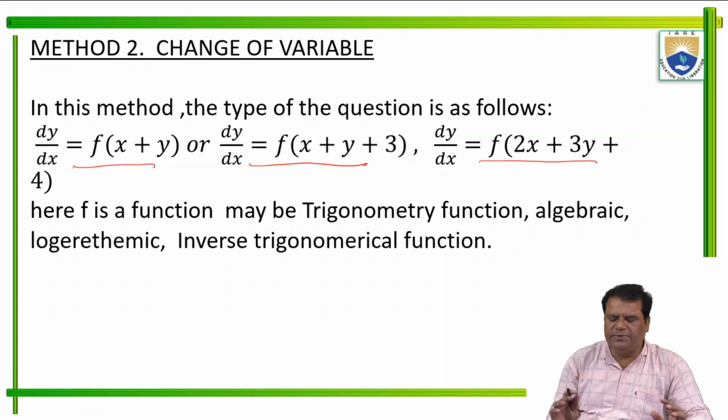These are basically the questions in method 2, change of variable. Here f is a function, maybe trigonometric, algebraic, logarithmic, inverse trigonometric, any type of function. But in place of x, both variables occur simultaneously, like x plus y plus 3 and 2x plus y.